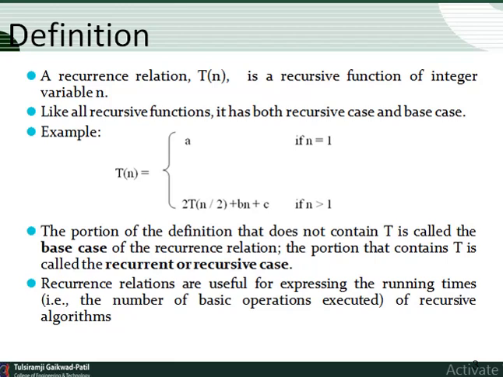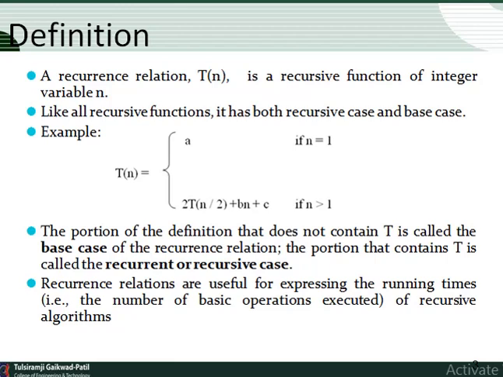And the second part of the above equation, the portion that contains T, is called the recurrent or recursive case. That recursive case is simply 2T(n/2) plus bn plus c, where there is a T in the recurrence relation.